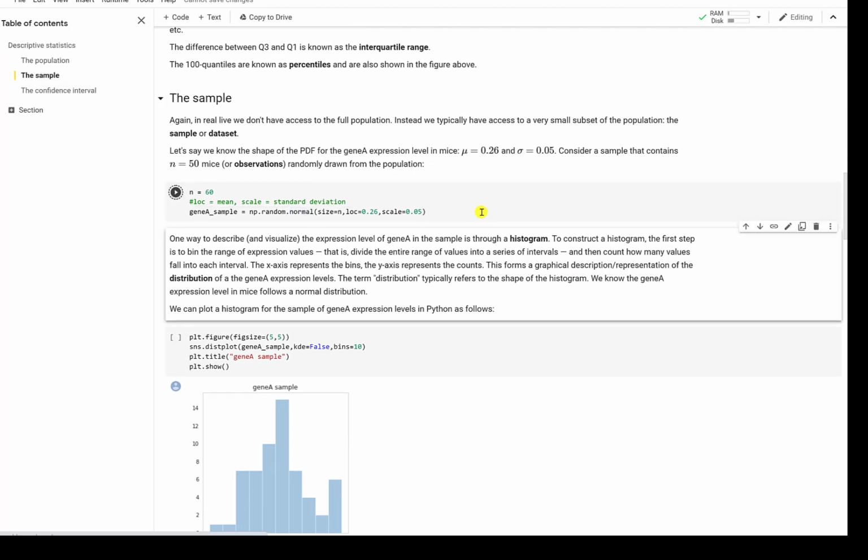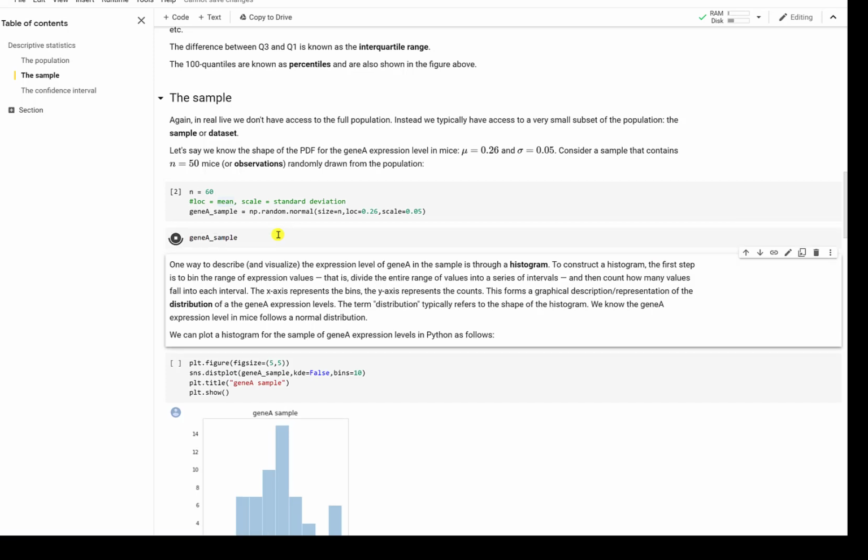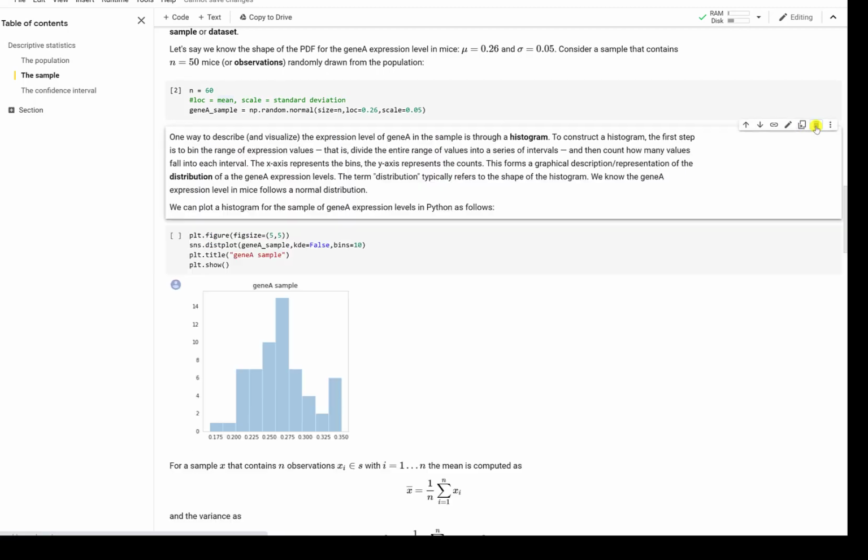Okay, I run this, and now we have a sample with 60 values, randomly sampled from a population with this mean and standard deviation. I can show you how that looks. We have our gene A sample, and as you can see, we just have a bunch of values with a mean probably close to 0.26. So 60 values here. Let's delete that again.